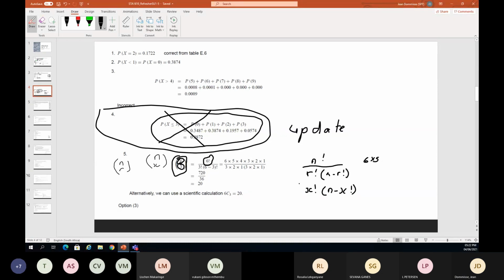Because that's saying only the x and the r of factorials. Oh, thank you. Yes, it should be like that. All good.